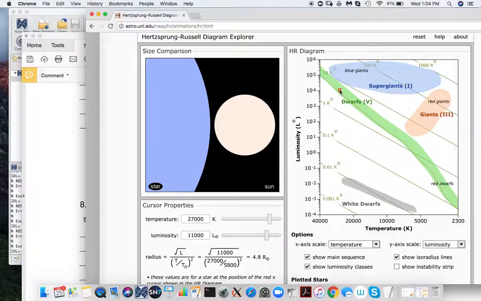You might be studying in your lecture course that stars that are less than 8 solar masses, 8 times the mass of the sun, are considered low mass stars. Stars that are more than 8 solar masses are considered high mass stars. And their evolutionary pathways will be different, right?